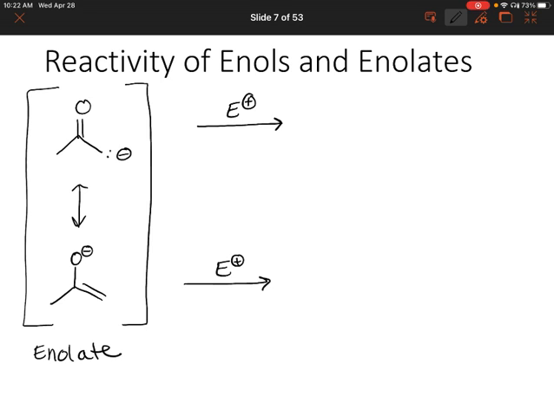All right, so if we add an electrophile to the negatively charged carbon, we end up with one product. If we add the electrophile to the oxygen, we end up with a different product.